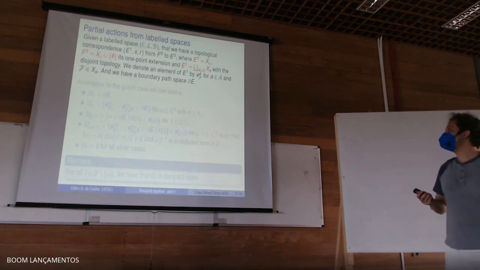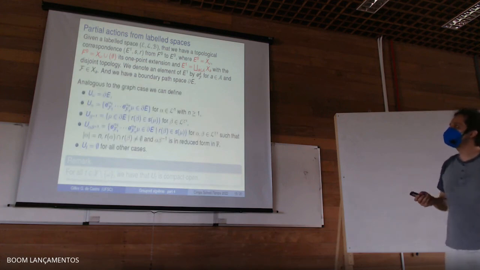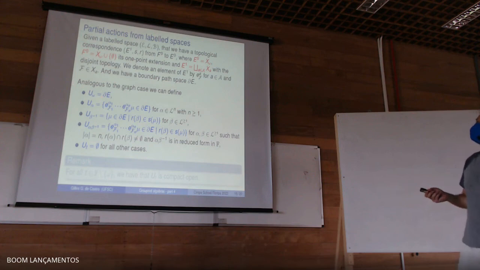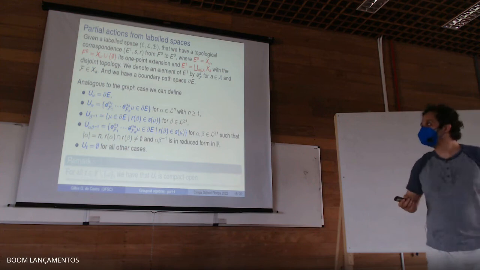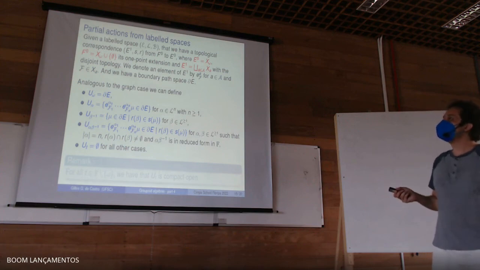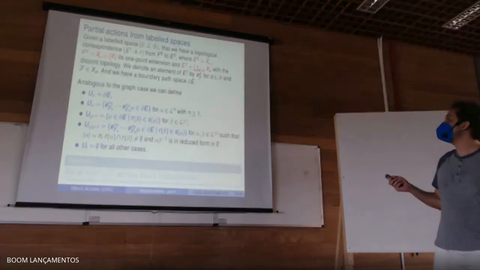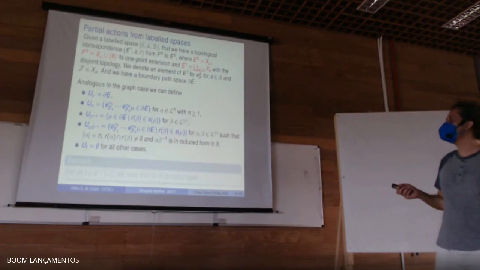So how do we define the partial action? As before, the identity of the free group is going to be everything. For this alpha, we need to start with alpha, but now because we have these filters playing a role, we need not only the path alpha, but we need the sequence of filters. But the sequence of filters can be anything.